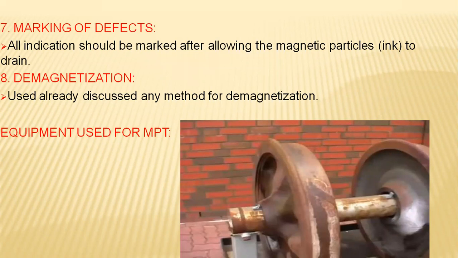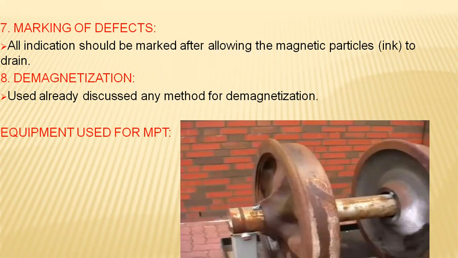All these indications should be marked after allowing the magnetic particle ink to drain or disappear, or after removing the laminates already applied at the surface levels, and these markings will be very much utilized for performing certain kinds of heat treatment processes.